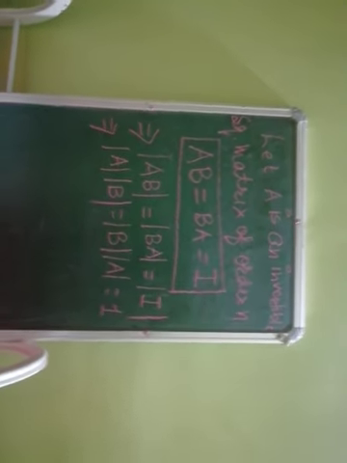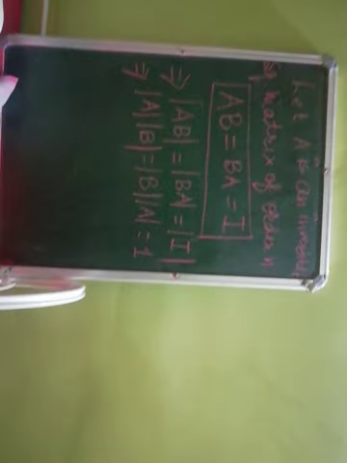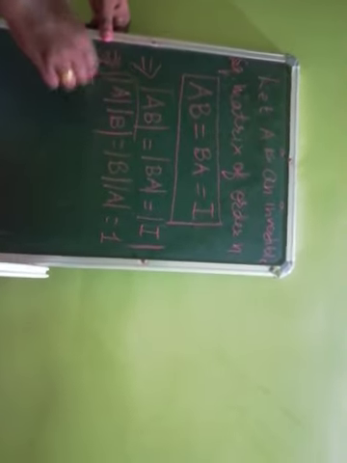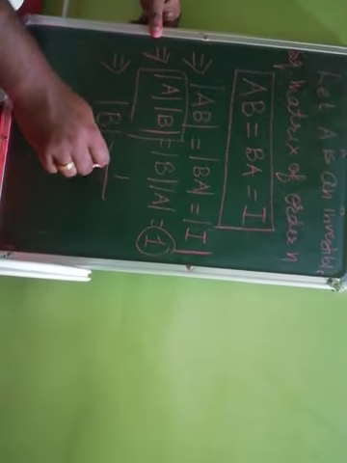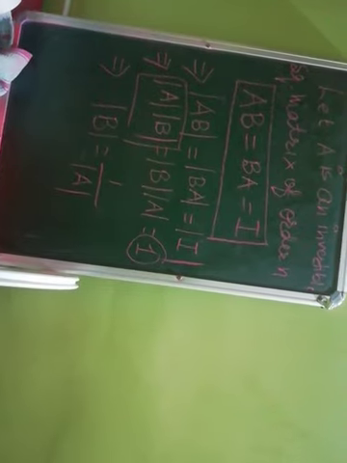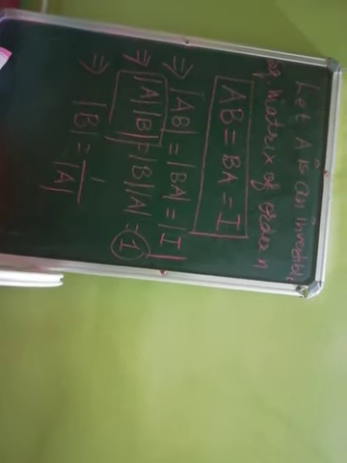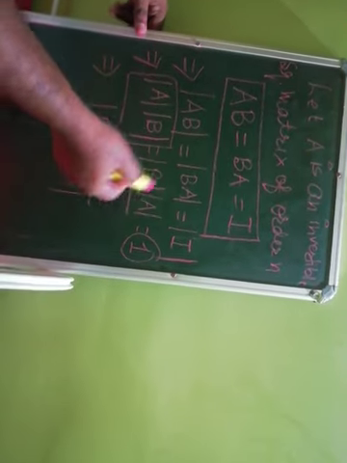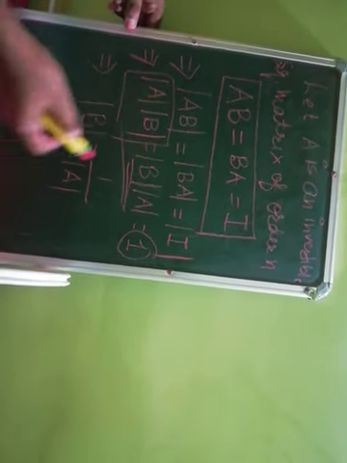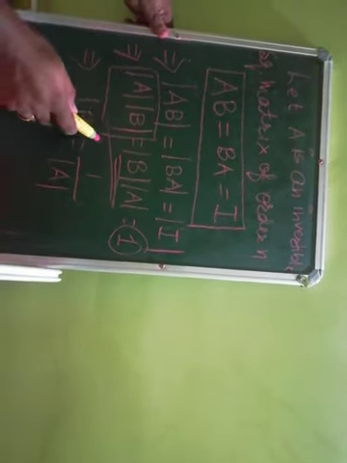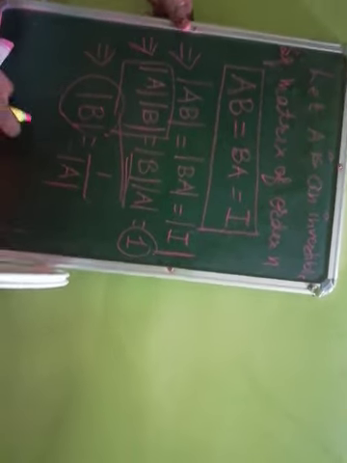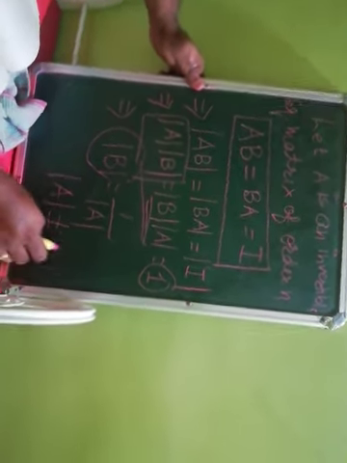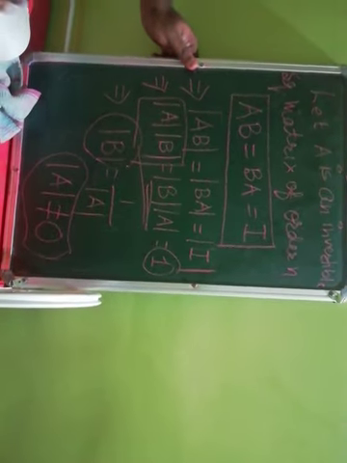Determinant of the identity matrix is 1. So using this concept, we can write determinant of B is 1 by determinant of A. It means B exists only when this is not 0. This B exists only when determinant of A is not 0. This is the necessary and sufficient condition for invertibility of a matrix.